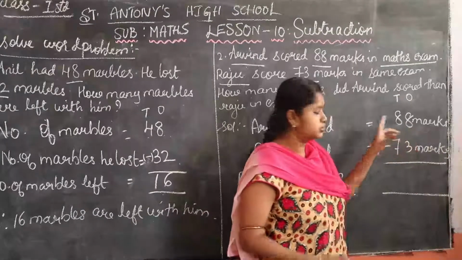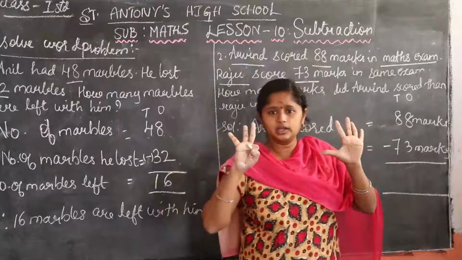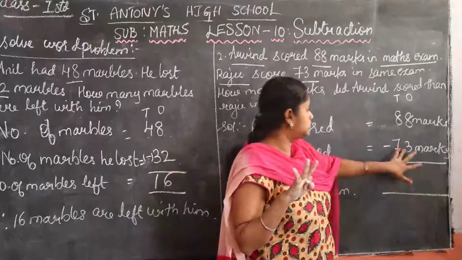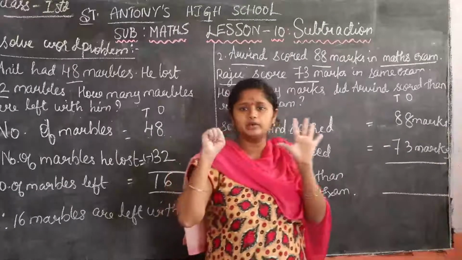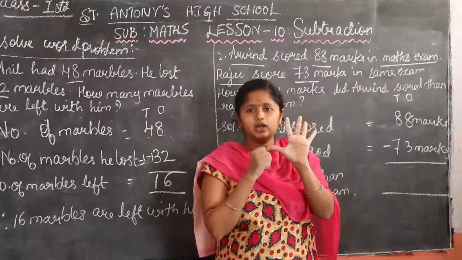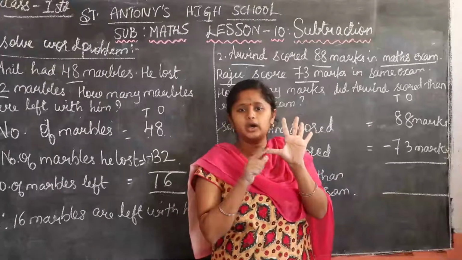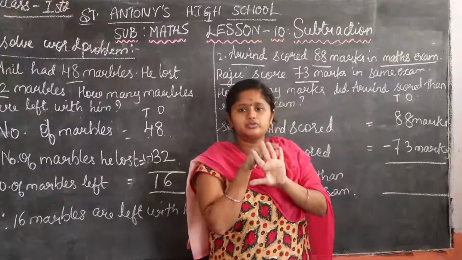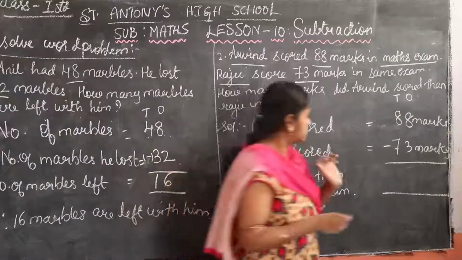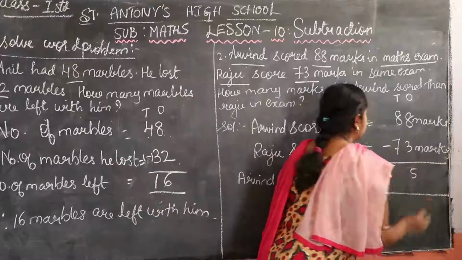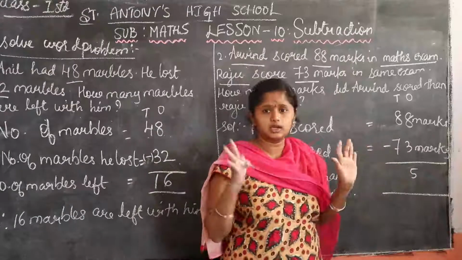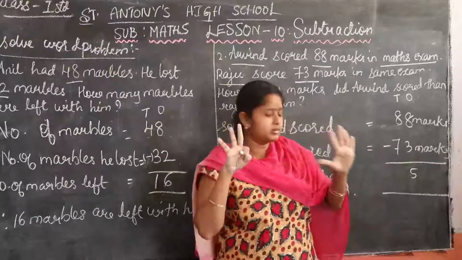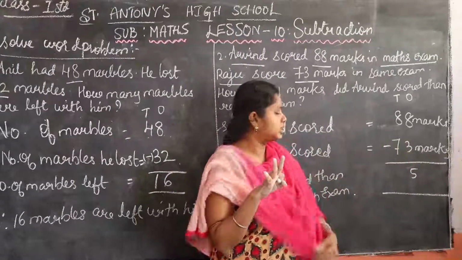Okay. Next. So 8 is there. So take 8 fingers, and 3 you have to take away. So how much is left, children? 1, 2, 3, 4, 5. So 5 you have to write here. Next 8 minus 7. So again take 8. How much we have to take away? 7.